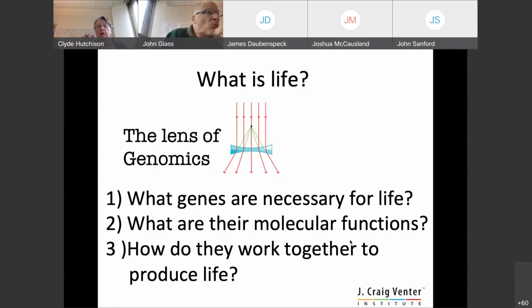Okay, so fast forwarding 80 years or so, we put this question in the context of modern genomics. And when we view the question, what is life, through the lens of genomics, we convert it to what genes are necessary for life, what are their molecular functions, and how do they work together to produce life.